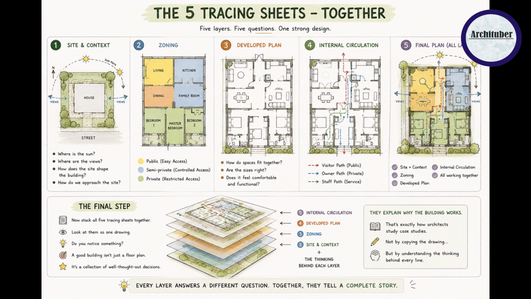That's exactly how architects study case studies. Not by copying the drawing, but by understanding the thinking behind every line. And yes, with that we have discussed how to read a case study like an architect, and I will see you in my next video.